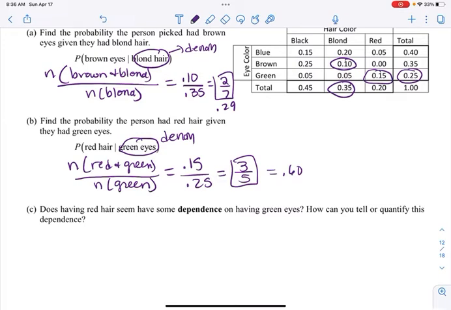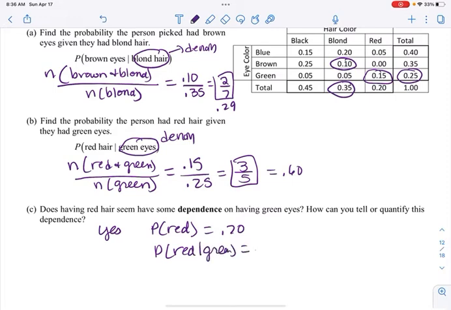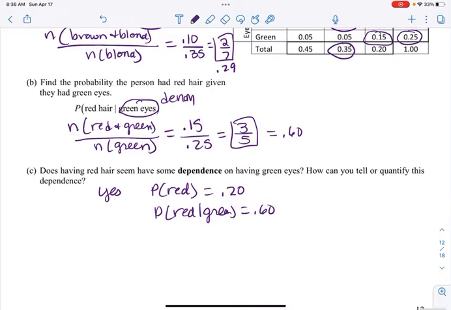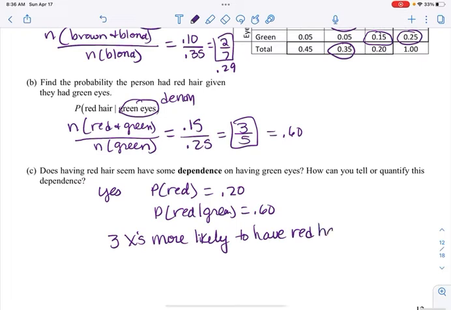Does having red hair seem to have some dependence on having green eyes? How can you tell? Well, I would say yes, it definitely has, because the probability of just having red hair is 0.20. The probability of having red, given that they have green eyes, is 0.60. All right, so a person is 3 times more likely to have red hair if they have green eyes.